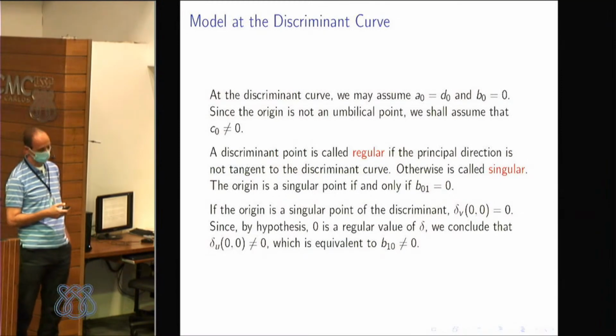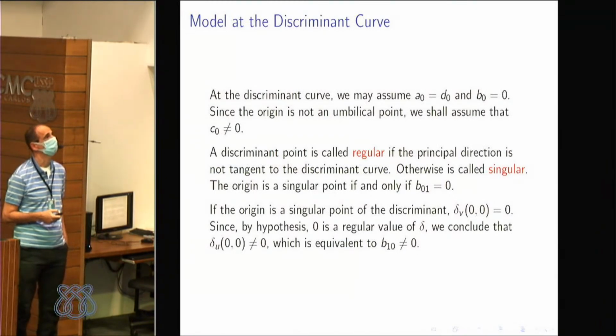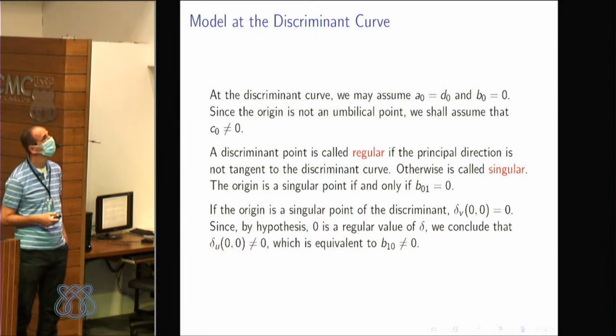For a discriminant curve, we may take coordinates so that the shape operator is diagonal: A0 is equal to D0, B0 is equal to 0. And since they are not umbilical, C0 is different from 0.